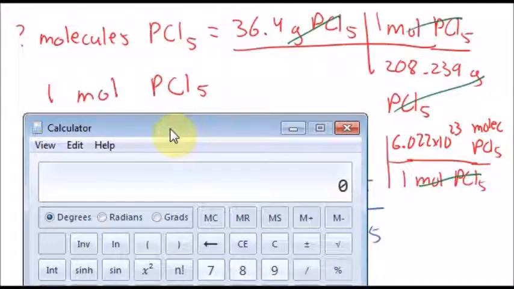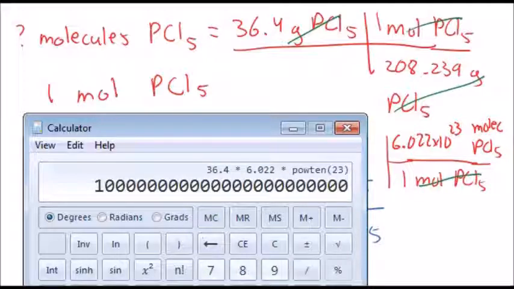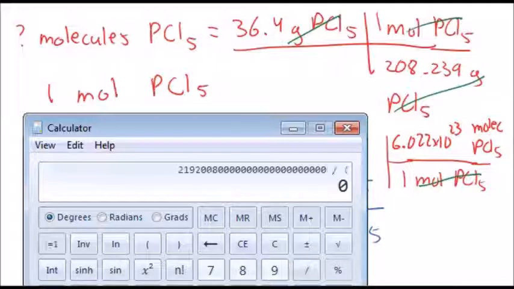So 36.4 times 6.022 times 10 to the 23rd divided by 208.239.